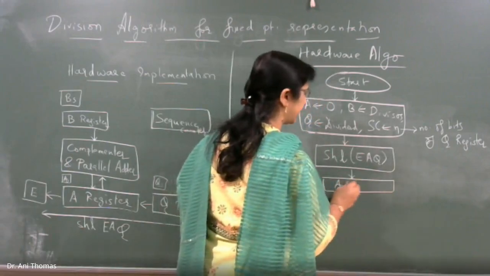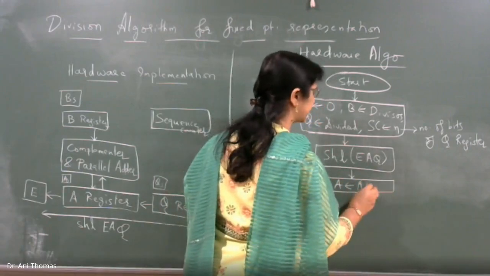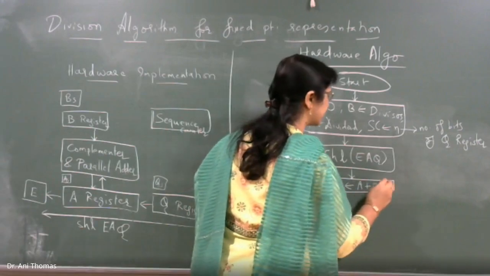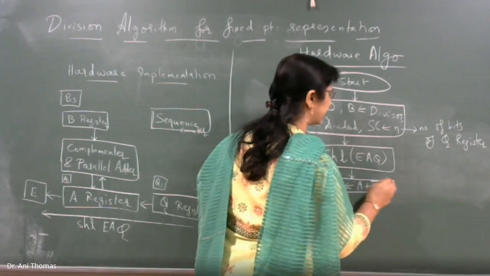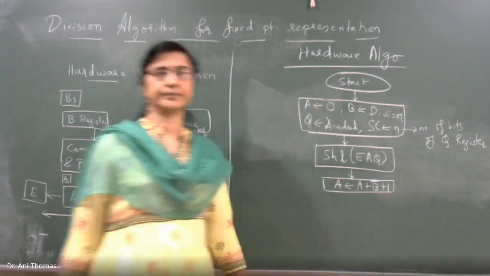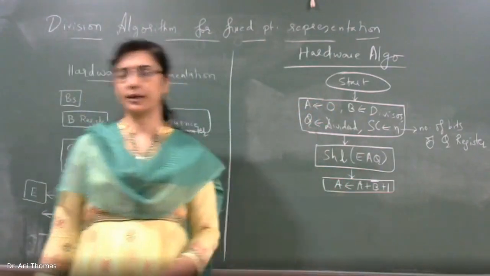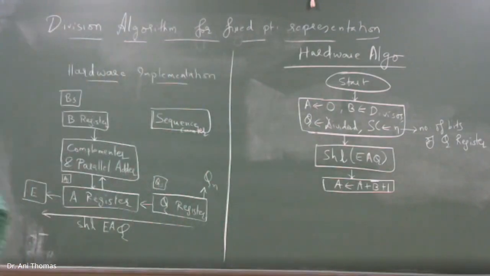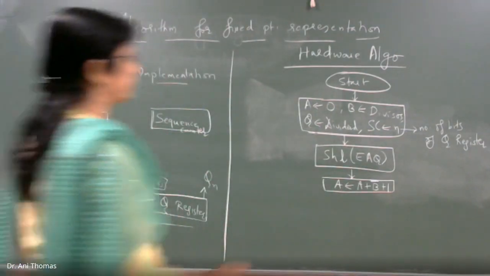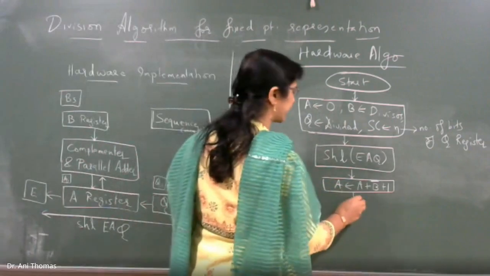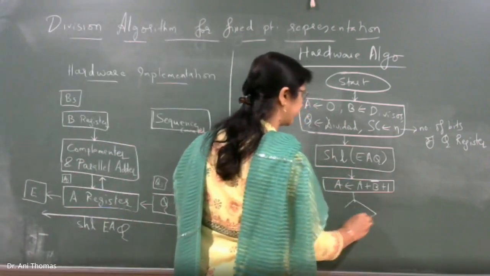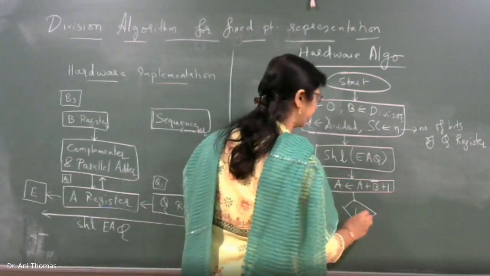That is A is A minus B, or you can write A plus B bar plus 1. Now after doing the subtraction, we take the value of E.